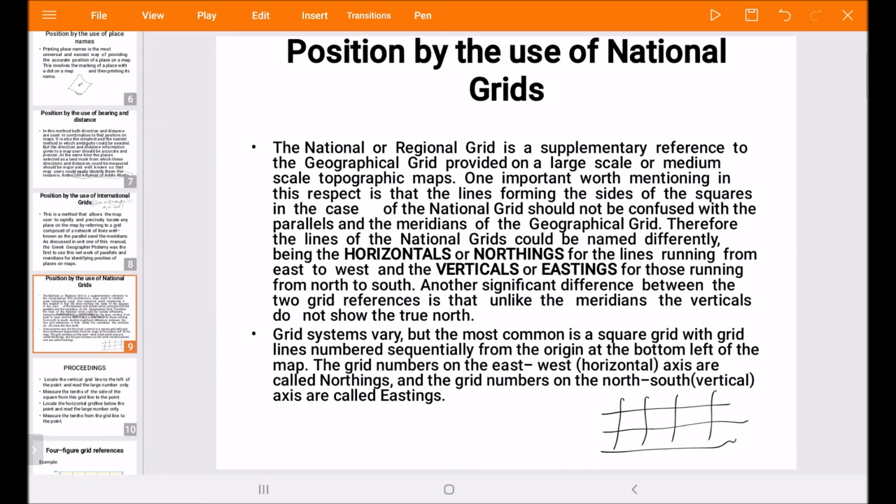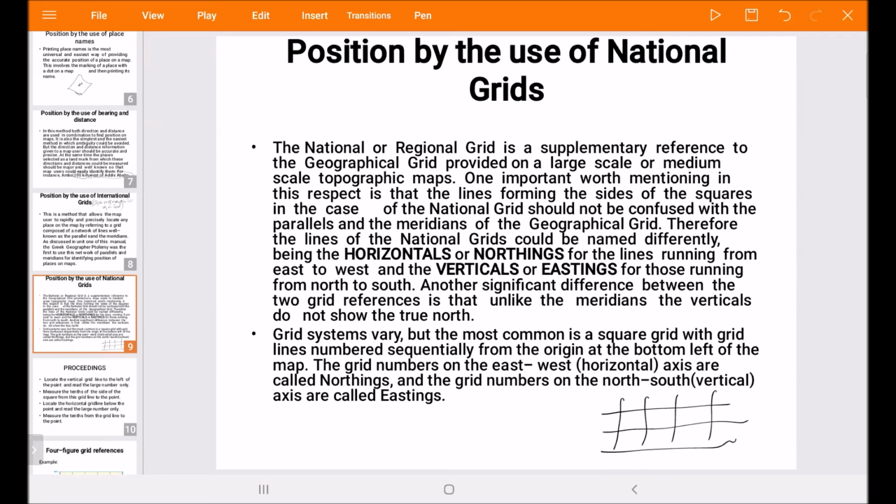So in short, the actual difference between 4 digit and 6 digit grid reference is accuracy. The 6 digit grid reference uses large scale, so it's more appropriate and more accurate than 4 digit grid reference.